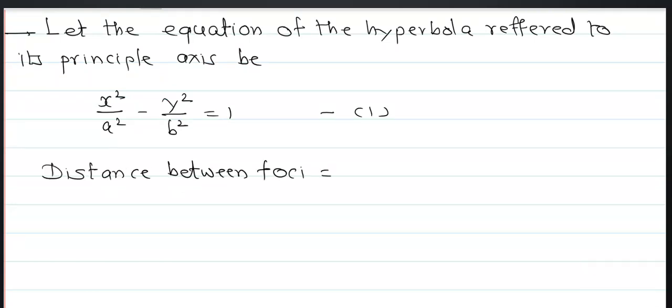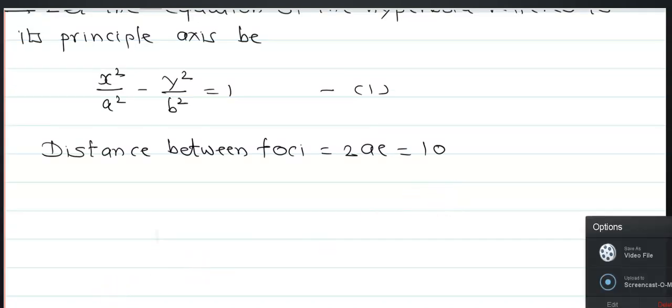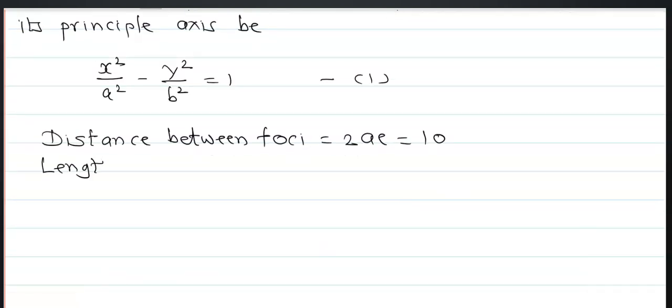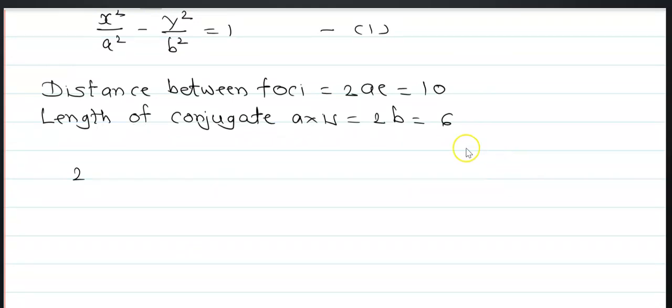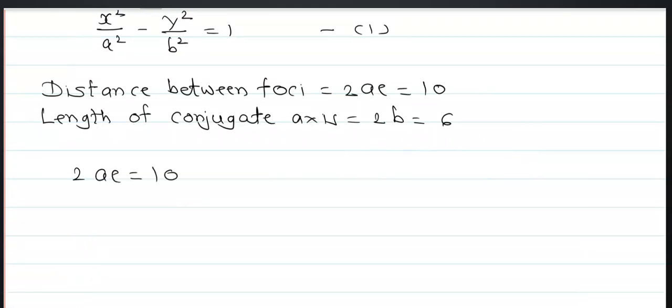Distance between the foci, that is 2AE, is equal to 10. The length of conjugate axis, that is 2B, is equal to 6.